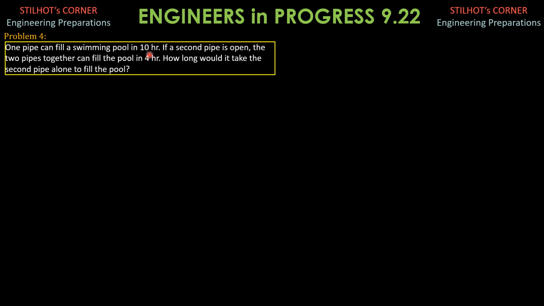So the rate of the first is 1 over 10. And we'll call the rate of the second as 1 over t sub b. So rate of the first 1 over 10 times 4 plus rate of the second 1 over t sub b times 4 equals one complete job.